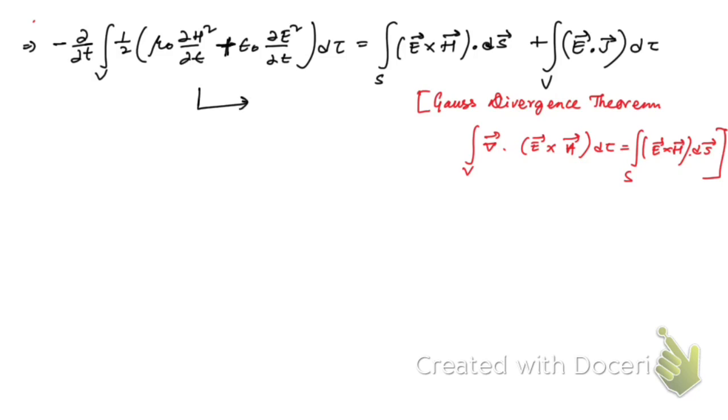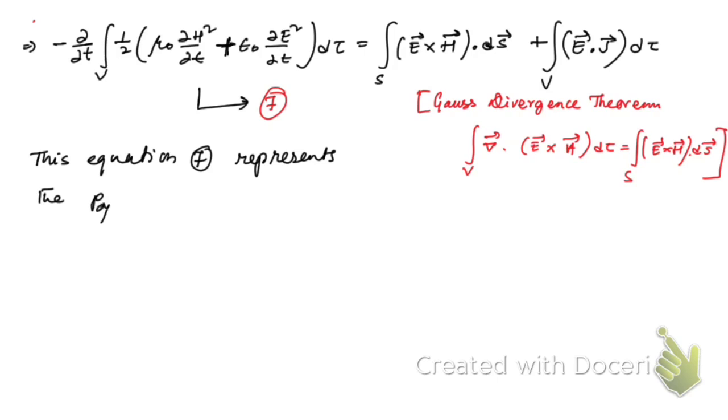This equation number 7 represents the Poynting theorem.